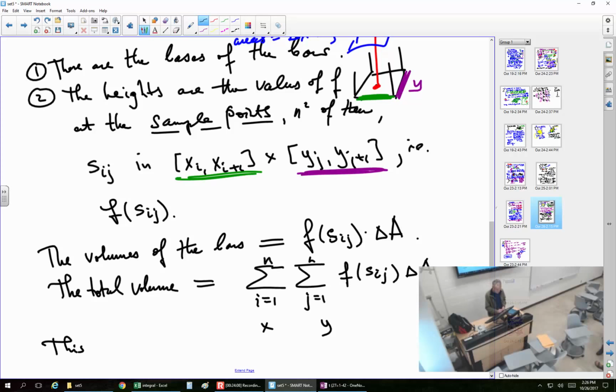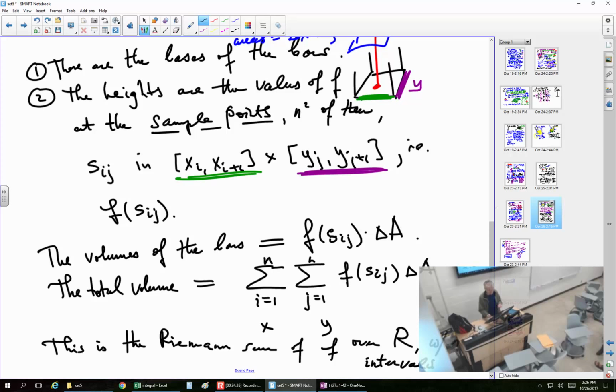So this is the Riemann sum of f over R, the rectangle, with n intervals, I suppose. So n intervals in either x or y, which gives me n squared rectangles.